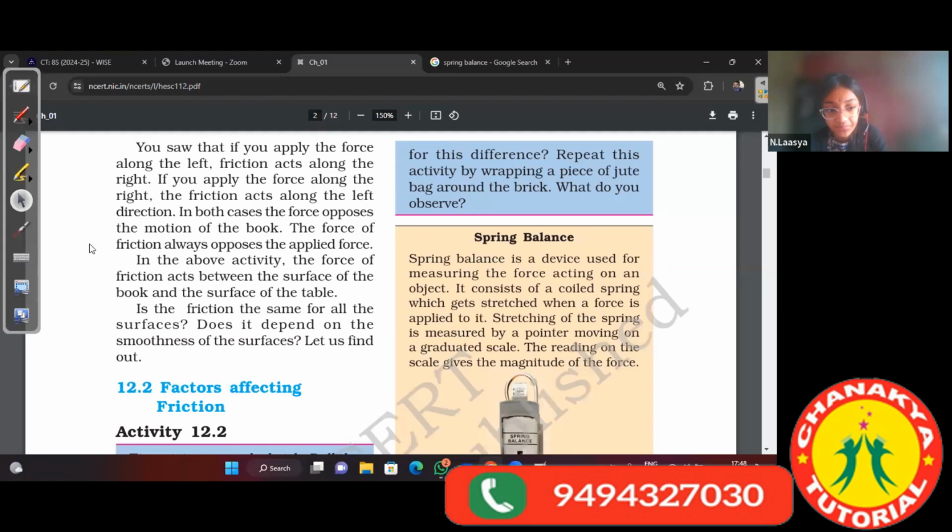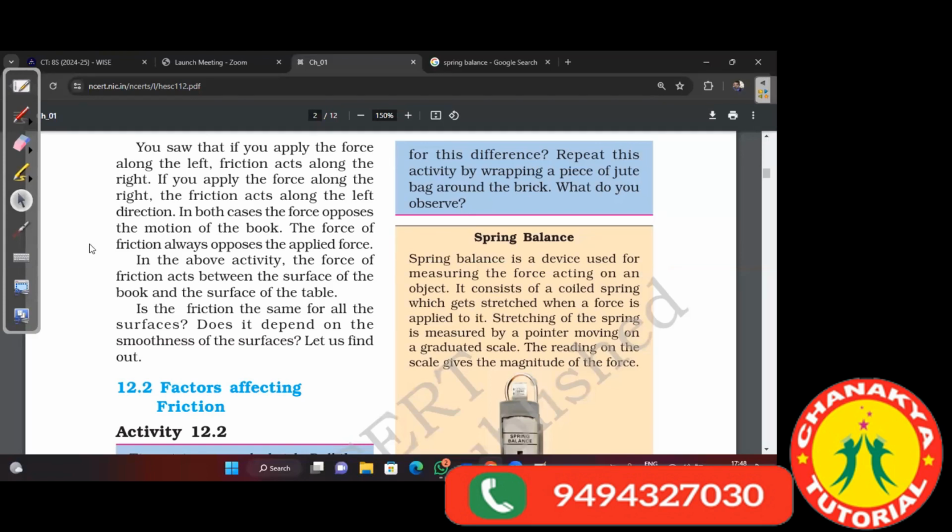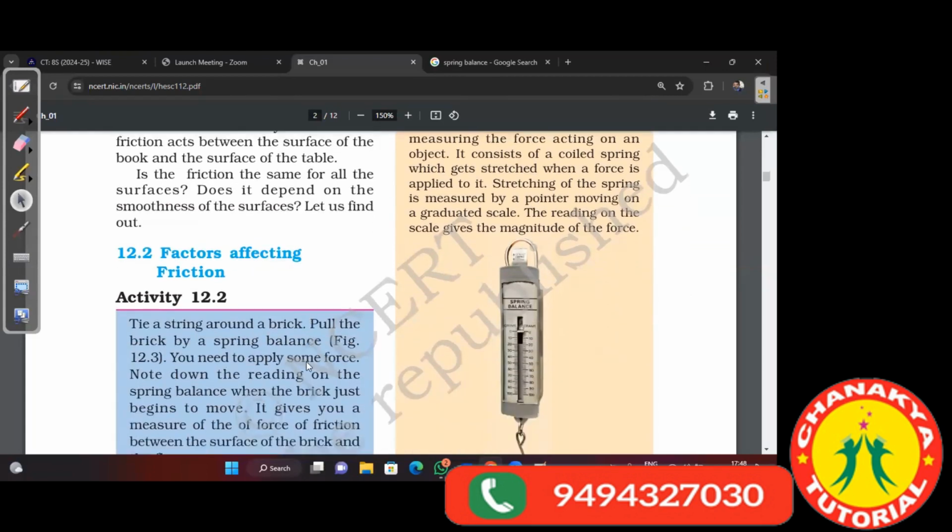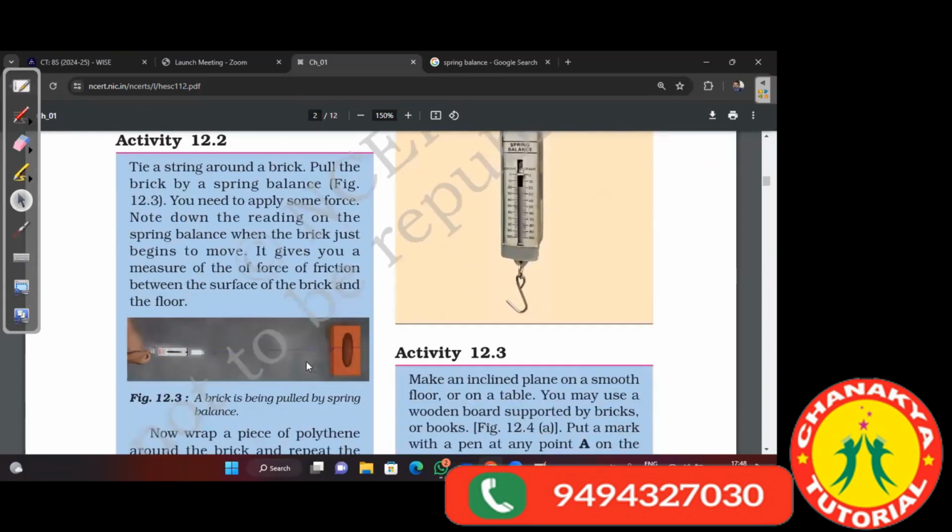See, in the beginning, you are taking a brick and trying to pull that brick. We are applying the force through the spring balance. We are pulling the brick through this spring balance and the thread. We observe what is the amount of force that is required to bring this brick in motion, the minimum force required.